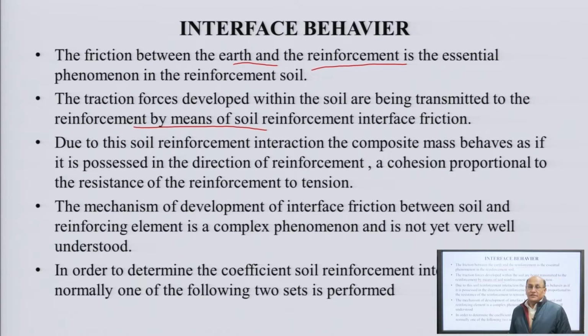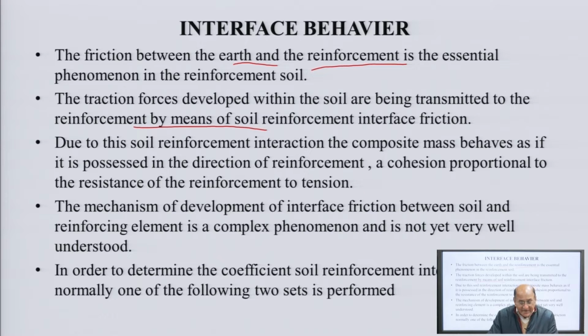Due to this soil reinforcement interaction, the composite mass behaves as if it possesses, in the direction of reinforcement, a cohesion proportional to the resistance of the reinforcement to tension.